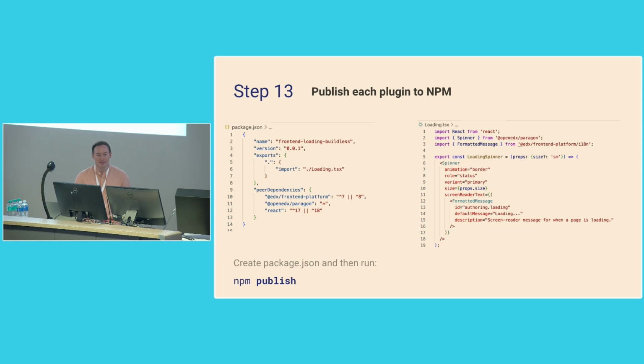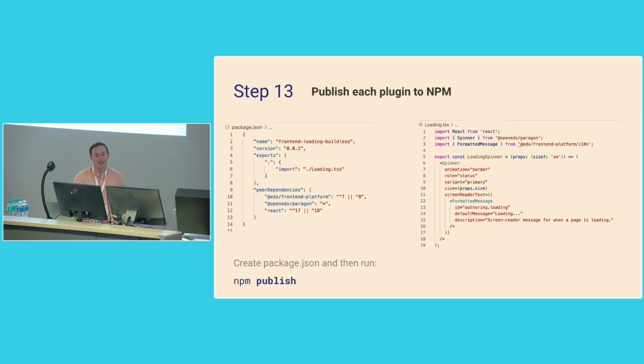Personally, I find it a big hassle to update these dependency lists a lot, so I just recommend either leaving it out or putting very vague ones like any version of Paragon, and then you won't have to keep updating this as a new version of Paragon comes out, which happens fairly often.